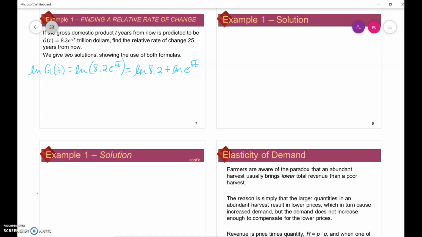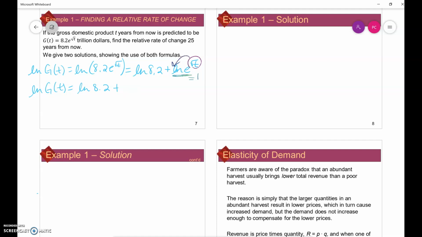Remember, if there's a product inside a logarithm, we can split it up as addition. And the square root of t can come out front, and ln of e is equal to 1. So what we have is the ln of g of t is equal to the ln of 8.2 plus the square root of t.